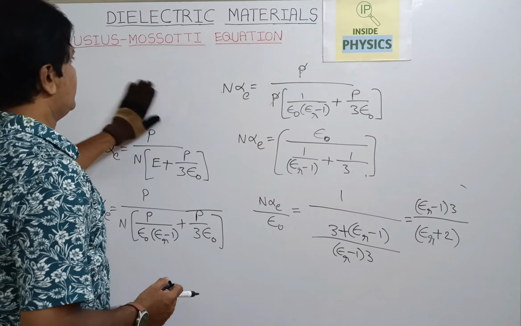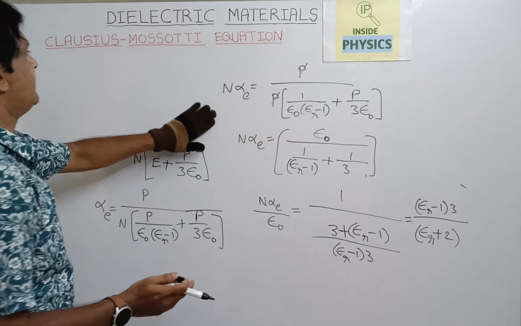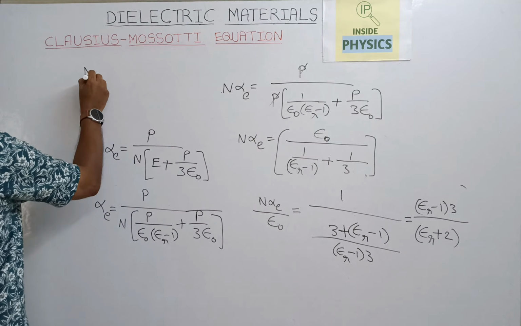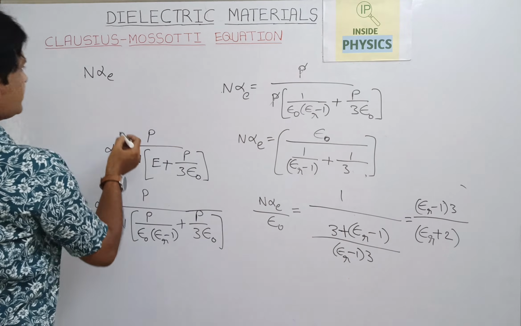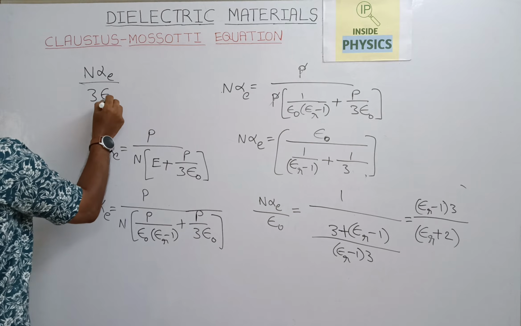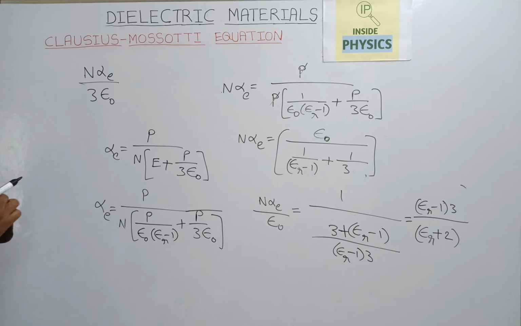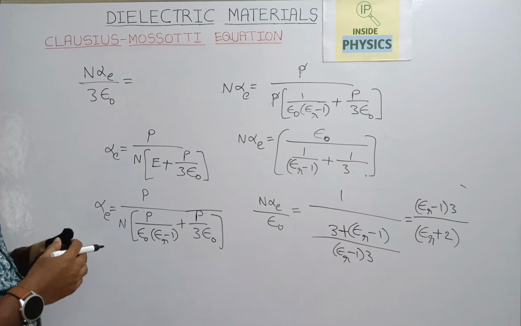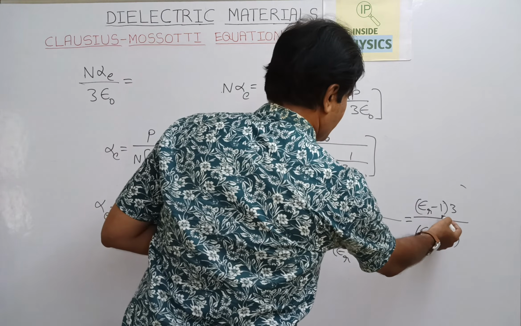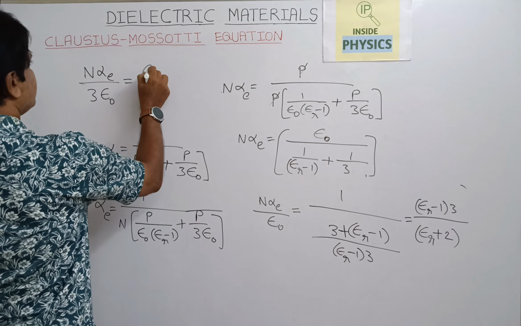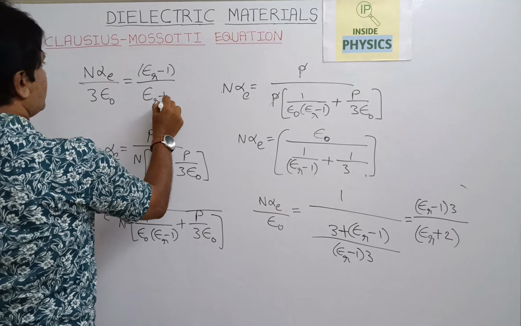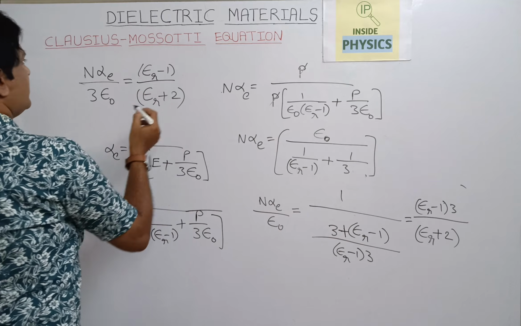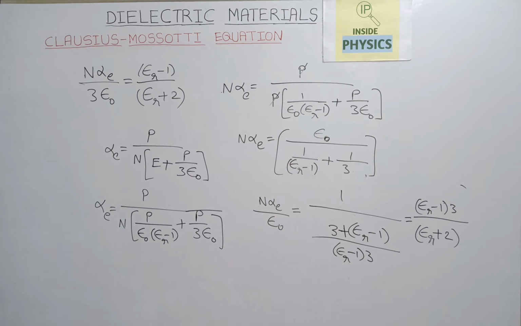The final equation from this, look at this: N alpha e, this 3 will come to the left hand side and into the denominator, which will become N alpha e by 3 epsilon naught is equal to, see here, epsilon r minus 1 by epsilon r plus 2.